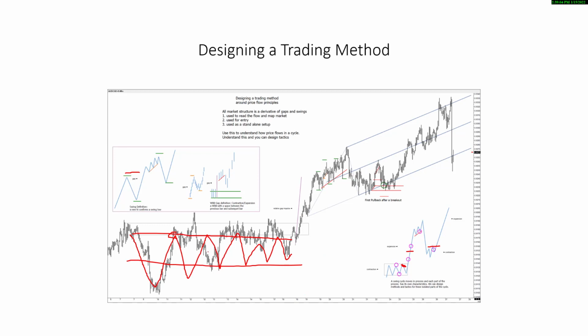So we can develop tactics for range trading, even up in here. And then what happens after contraction? Contraction will lead to expansion. Now we're in the process of a swing, and that's where we can work on some of our breakout tactics.